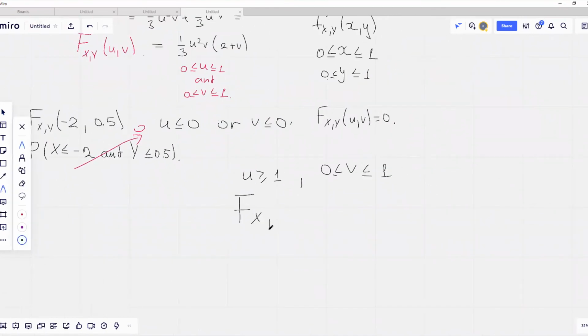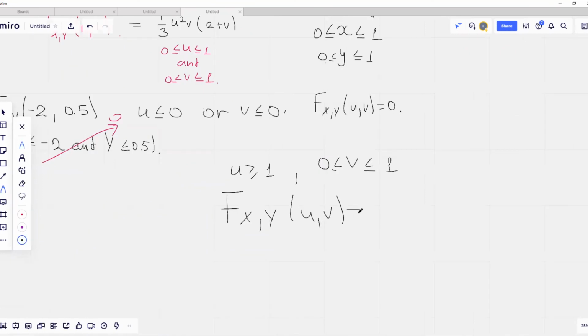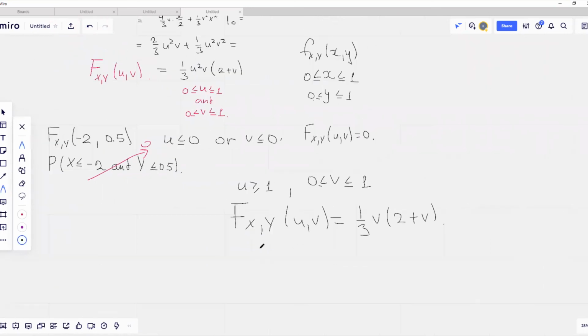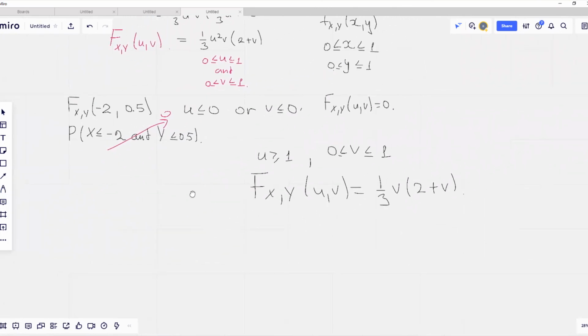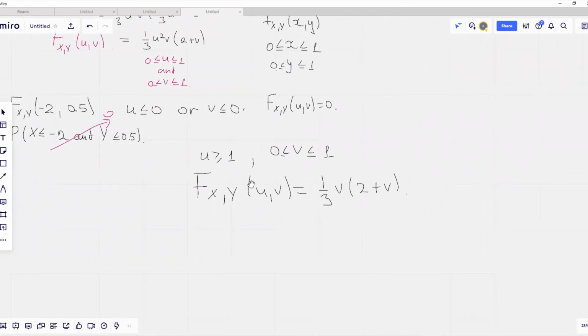So we'll obtain f of xy at uv equal to, substituting u equal to 1, 1 over 3 v times 2 plus v. So basically, that is going to be simply a marginal CDF of random variable y.